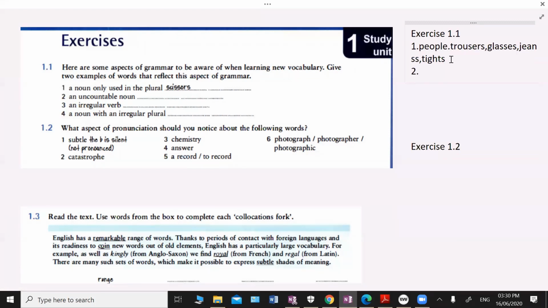If you find such a list of words, you can share it with me on WhatsApp or during the lesson. You all have my number, so you can share such information, and we can enhance each other's knowledge.